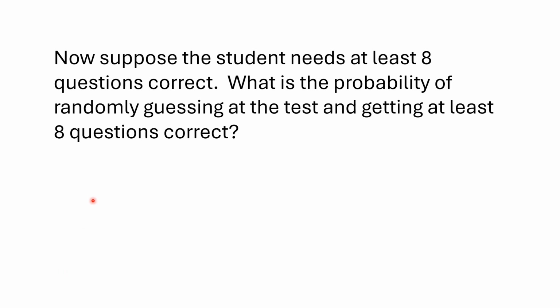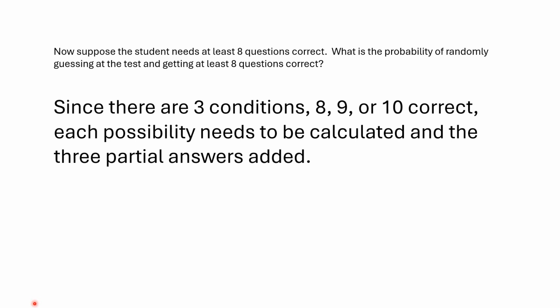Now suppose the student needs at least 8 questions correct. What is the probability of randomly guessing at the test and getting at least 8 questions correct? Since there are 3 conditions that will be beneficial to the student, 8, 9, or 10 correct, each possibility needs to be calculated and the 3 partial answers added.